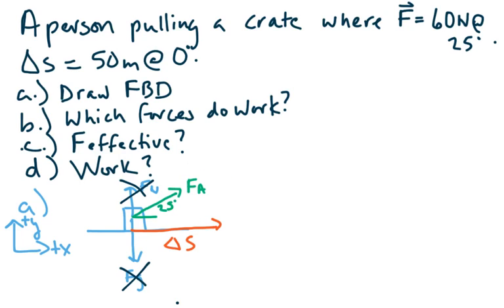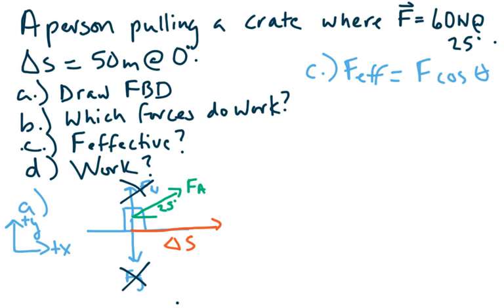Then we've got to do some calculations. So we're asked to calculate the magnitude of the effective force. The effective force is basically the force that's at play here. If we look at C here, we know that the effective force is going to be equal to the force times the cos of the angle of the force, the cos of theta.